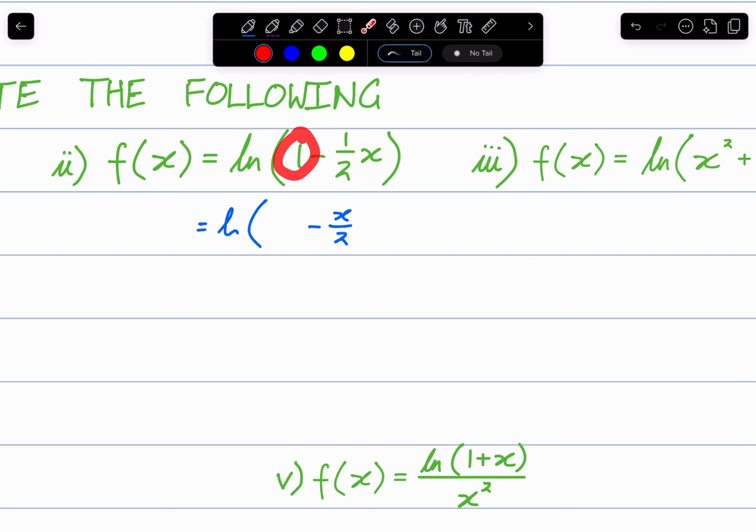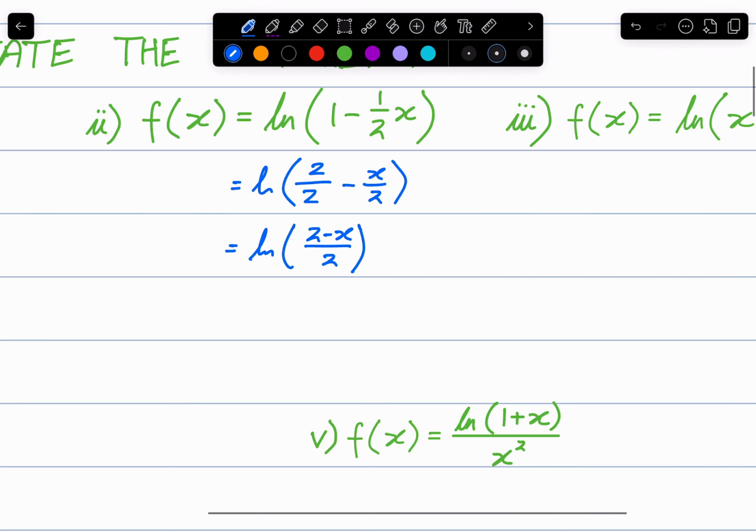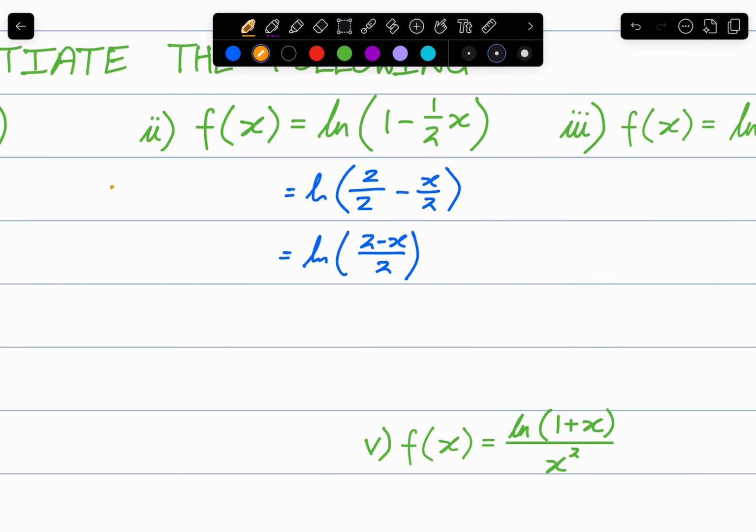And I want this to be the same denominator, so this is going to be 2 over 2. So this then becomes ln of 2 minus x on 2.